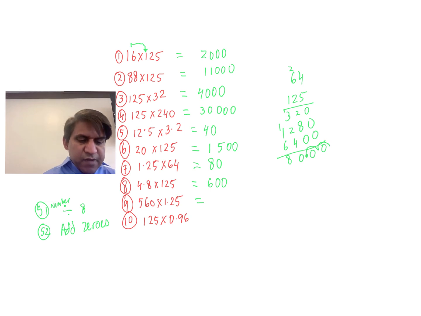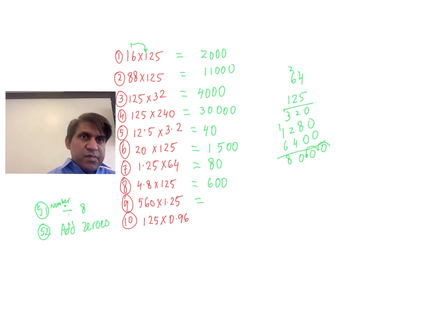And then I've got 560 times 1.25. So again, 560 times 100 is 56,000. But we've got 560 times 1 and a little more than that 1.